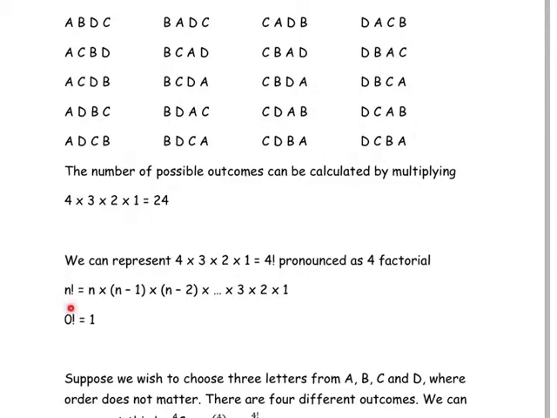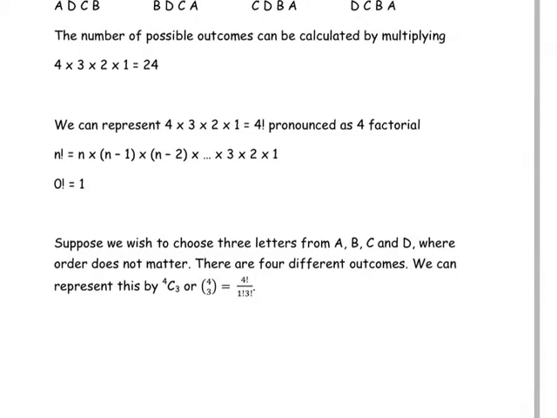Well, n factorial, so any number n, is n multiplied by n minus 1, then multiplied by n minus 2, then multiplied by ... until you get towards the end when you're going to have times 3 times 2 times 1. One key bit of information to remember, which could be useful in certain questions, is that 0 factorial is always equal to 1. So 0 factorial is always equal to 1.